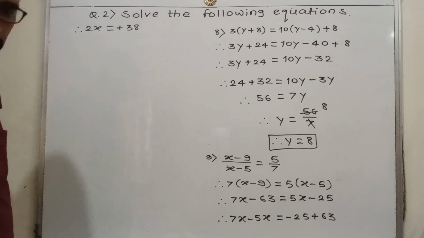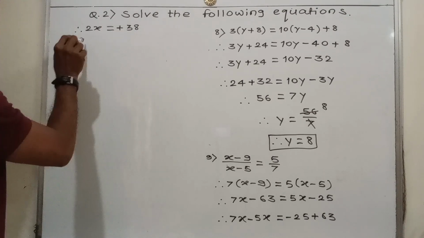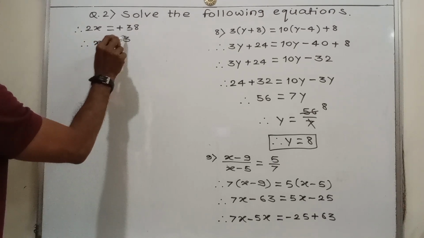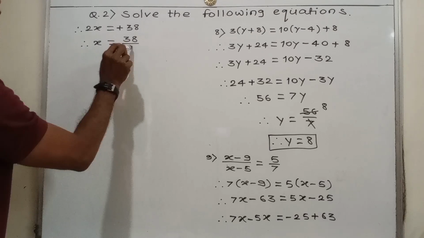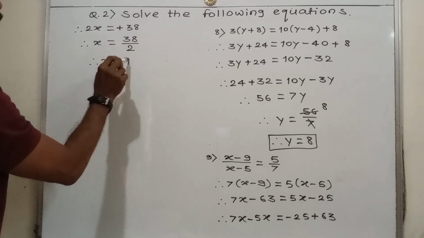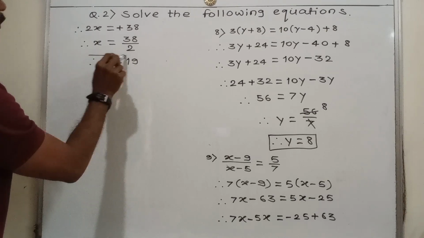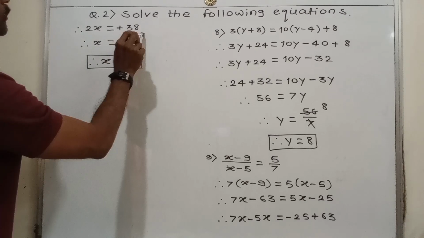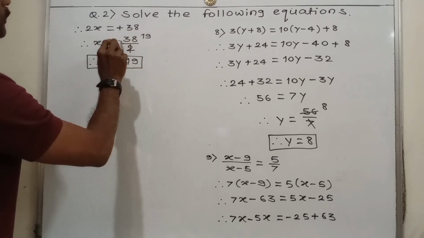What is 38? Therefore, x is equal to 38 upon 2. Therefore, x is equal to 19. 2 ones are 2, and 2 nines are 18.